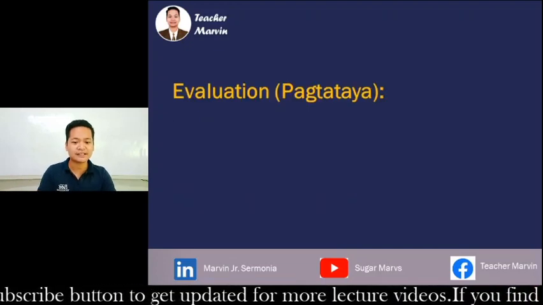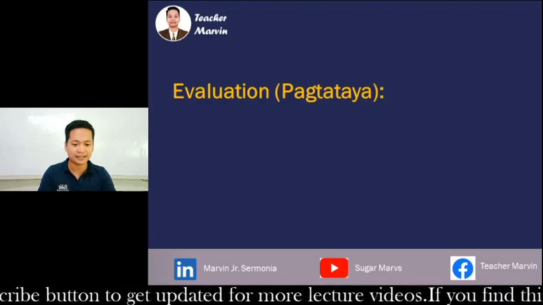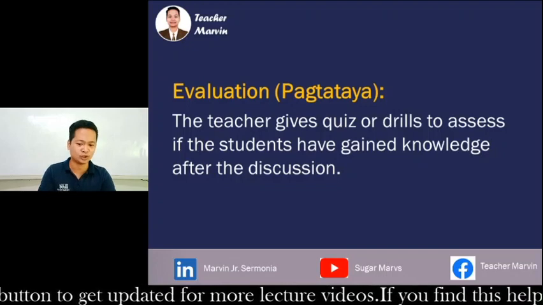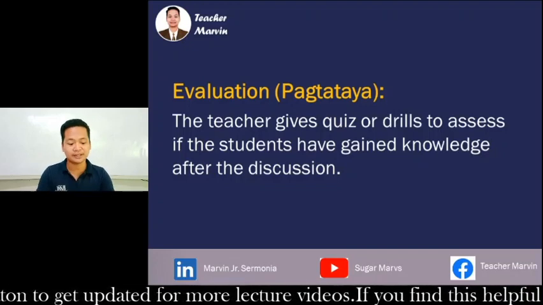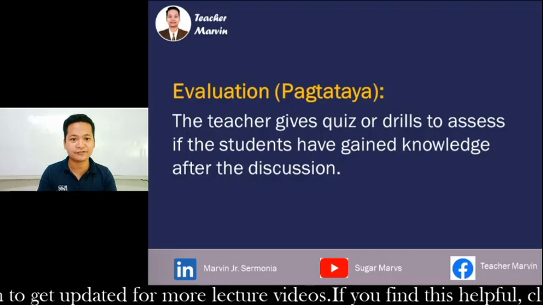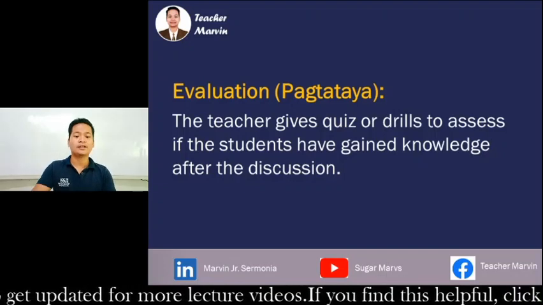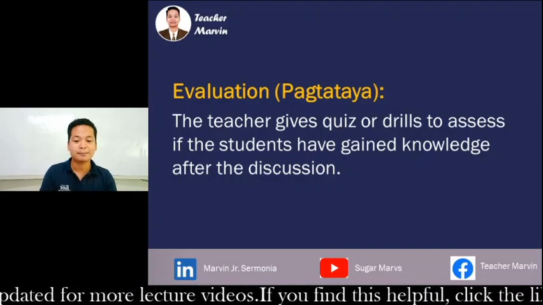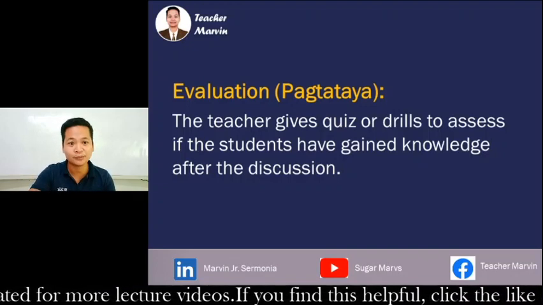After procedure is the evaluation or pagtataya. Okay? The teacher gives quiz or drills to assess if the students have gained knowledge after the discussion. Remember the framework that I've shared with you a while ago? Your evaluation or your assessment, this is also the assessment part, must be connected to your objectives.